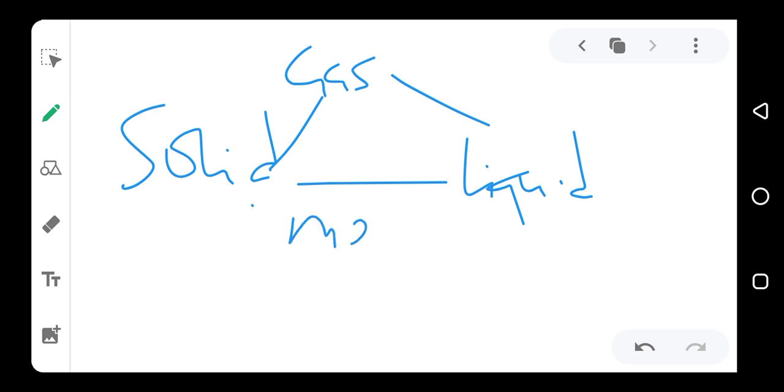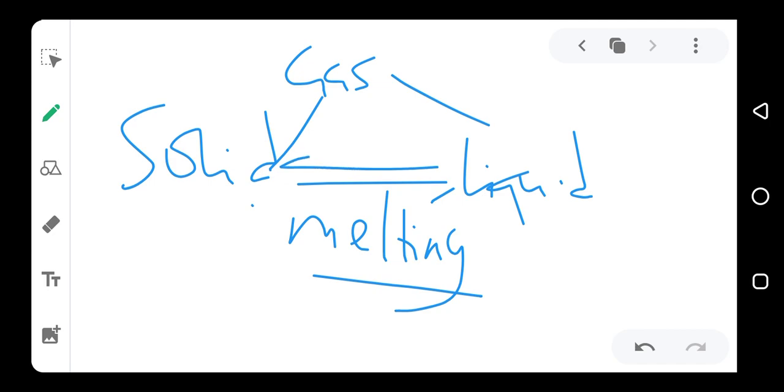That is, if you have your ice and you want to convert it to liquid, we call it melting. You have to heat a solid to convert it to liquid, and that's your liquid. You can even convert it back to solid. If you want to convert your normal water to solid or to ice, what do you do? You put it in a fridge to freeze it. So we call the process of converting from liquid to solid freezing.